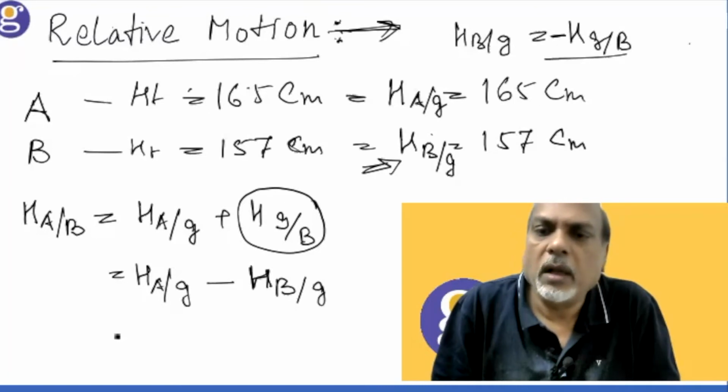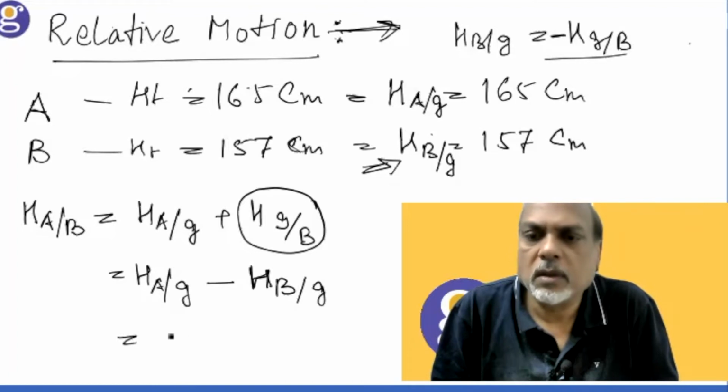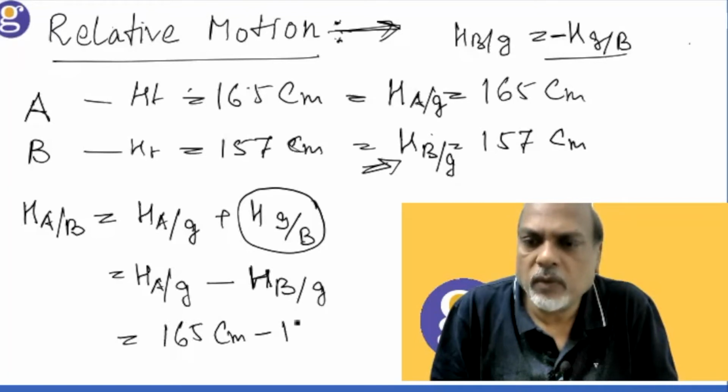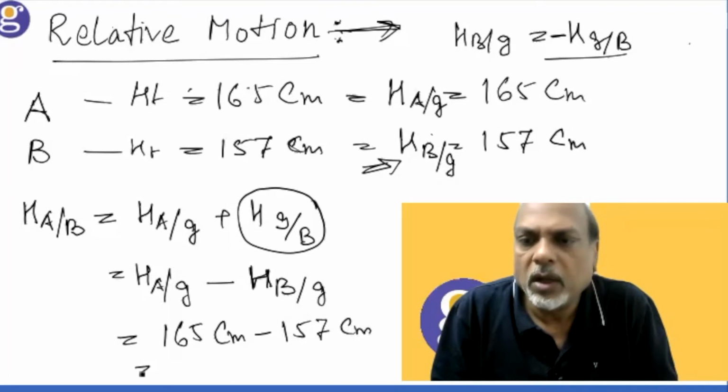So here, if you put the values, 165 centimeter minus 157 centimeter, and what you will get, it is 8 centimeter.